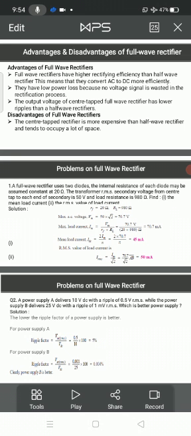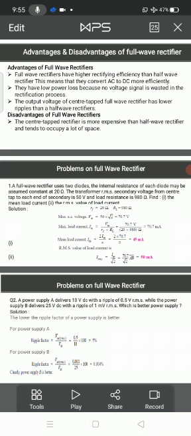The transformer RMS secondary voltage from the center tap to each end of the secondary is 50 volts, so the input voltage of the rectifier is 50 volts, and the load resistance is 980 ohms. Find the minimum load current, and second, the RMS value of the load current.